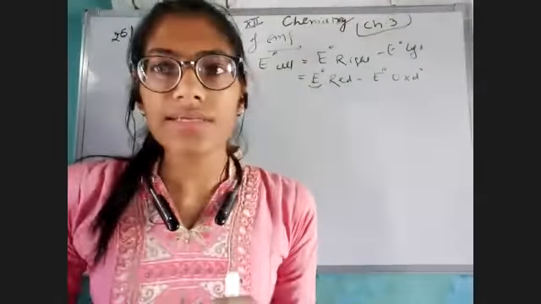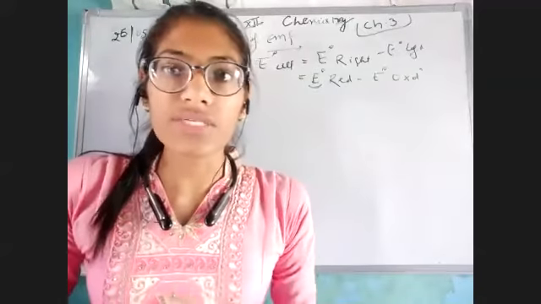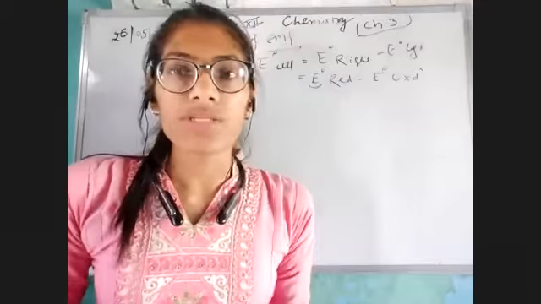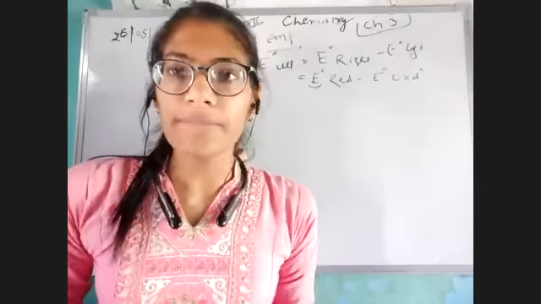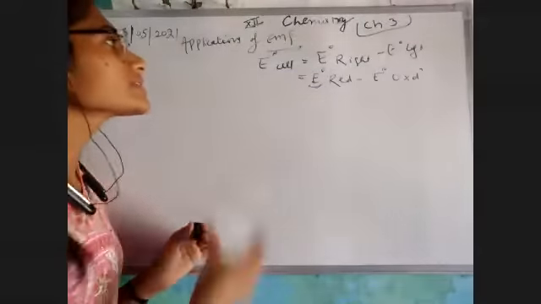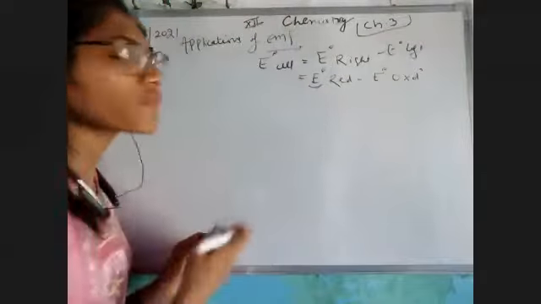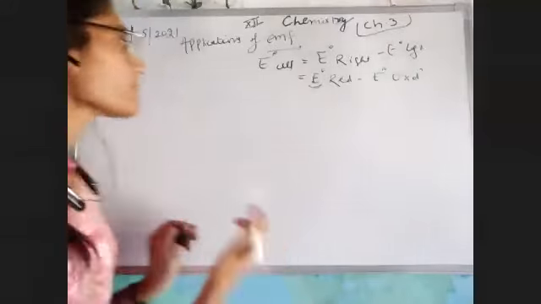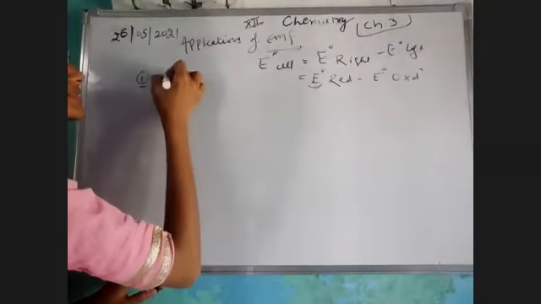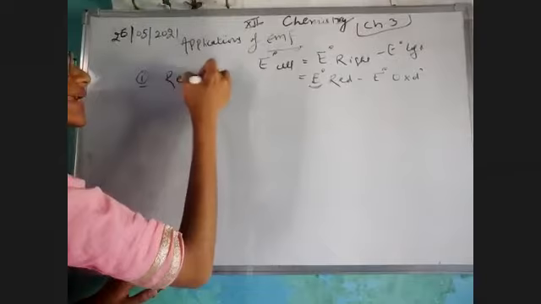See class, in the very last lecture, we have just studied what the electrochemical series actually is. And one student, I forgot the name, she told very well what the electrochemical series is and what the applications of EMF or electrochemical series are. With the help of the electrochemical series, we can calculate the reactivity.